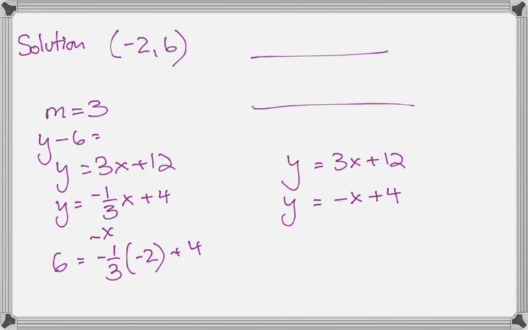They both work, right? Negative 2, 6. So 6 equals negative 6 plus 12, yes. And 6 equals negative 2 plus 4, yeah. Oh, wait, I was right? Well, the 1/3 I didn't like, and I made that an x, a 1.